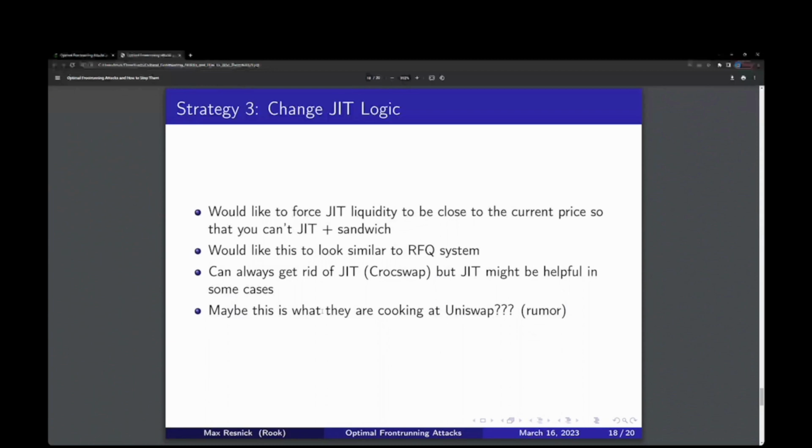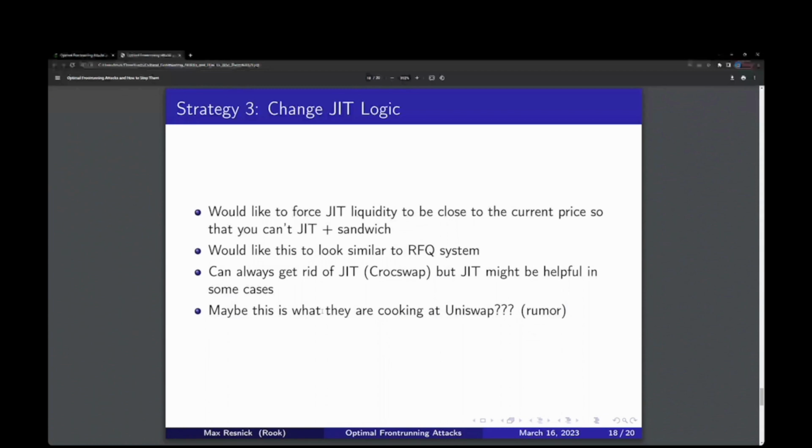I think I've only heard it from 2 people, and it might not be true, but it's a rumored solution for JIT, or at least something that tries to make JIT work a little better.